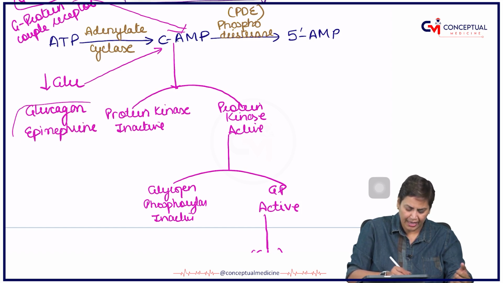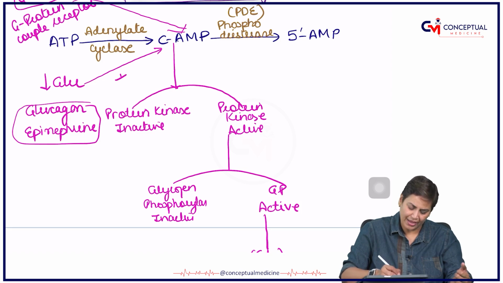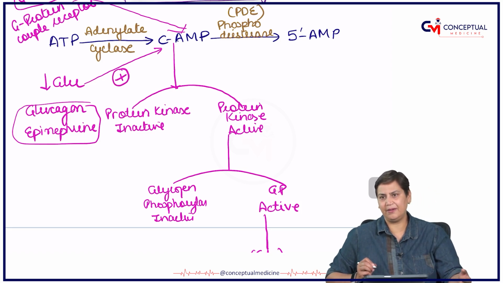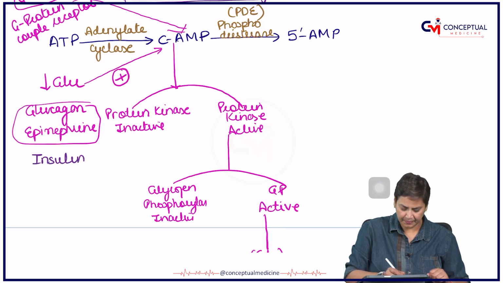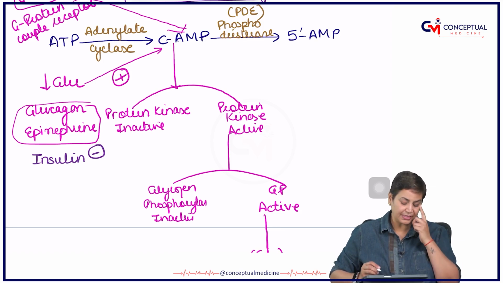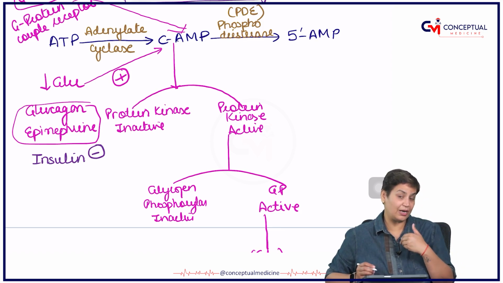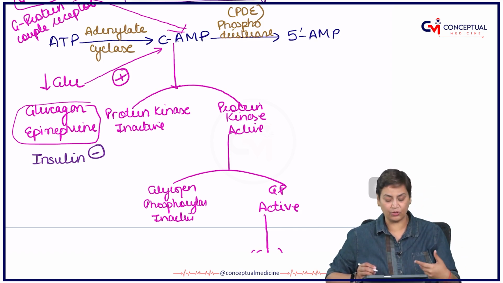So glucagon and epinephrine are going to accelerate cyclic AMP. Okay? And if glucagon is accelerating, insulin has to inhibit. So insulin inhibits this. I can simply say that insulin will inhibit glycogenolysis and glucagon or epinephrine are going to promote it.